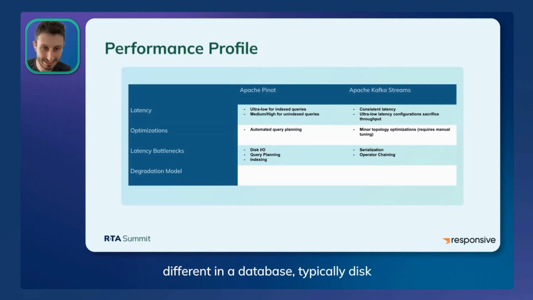In a database, typically disk I/O is one of the biggest bottlenecks. Then query planning and indexing, so making sure that you have effective indexes in order to serve the queries, which is what I mentioned earlier. In a stream processor, the latency bottlenecks are a little different. Serialization is the biggest thing, because you're reading so much data in and pushing so much data out constantly that serialization becomes the biggest CPU bottleneck.